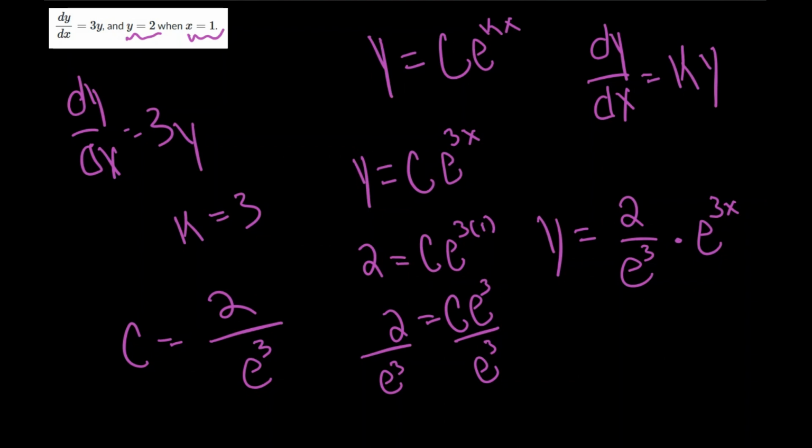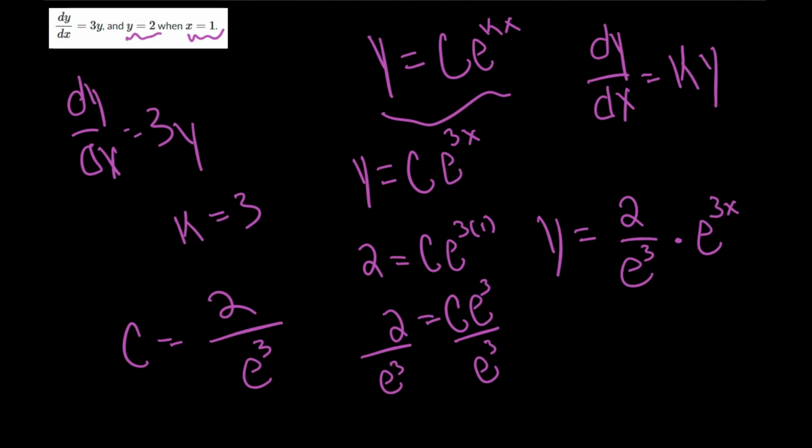We were able to solve this by knowing that our k value was 3, and understanding the relationship between the proportional differential equation and its solution. And by knowing this, we were able to plug in values to solve for c.